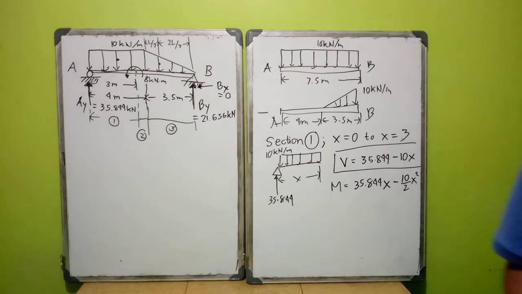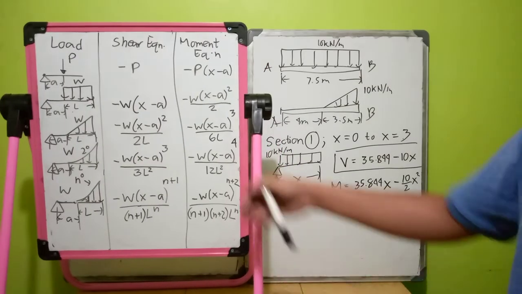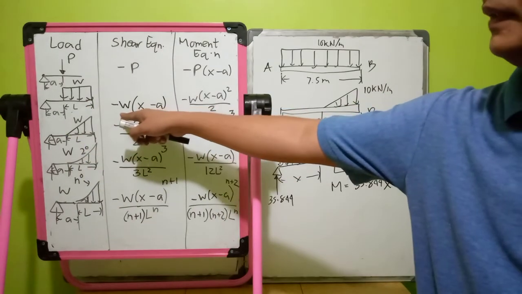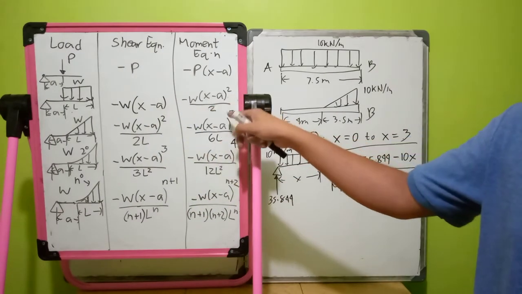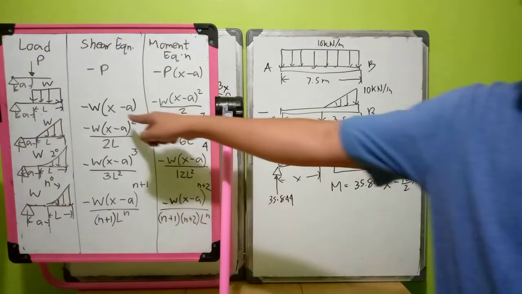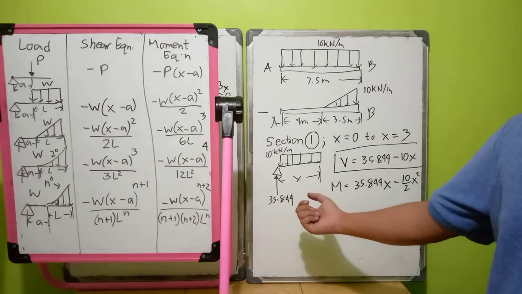So please remember from your shear and moment equations in our first lesson, as we can see, if it's a distributed load starting at distance a from your leftmost support, you will use negative w times (x minus a), and for moment, negative w times (x minus a) squared over 2. Here, clearly our a is 0, because it starts from the left support.